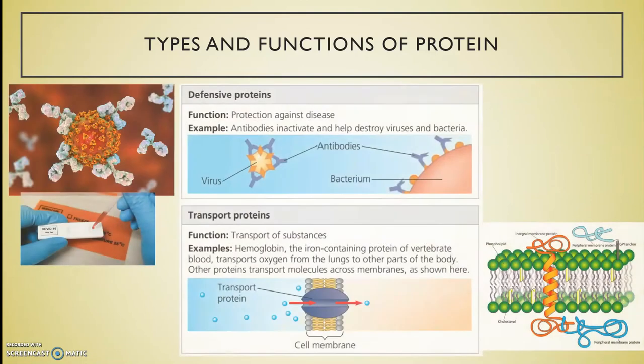Next. Proteins can also protect us against diseases and as for transport of substances. In the case of your defensive proteins, one good example na dyan is itong antibodies. Antibodies is a type of protein. So it's a defensive protein.